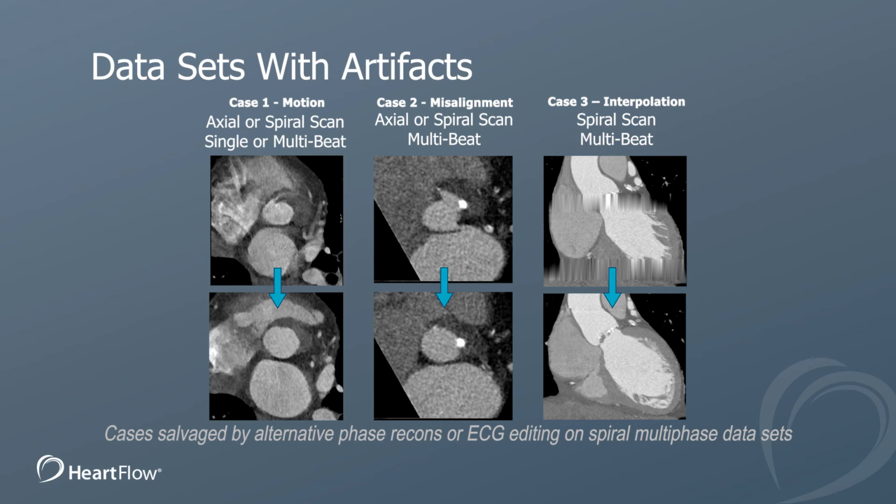On the next case, this is a dramatic misalignment artifact on the patient's aortic annulus. This can occur on an axial or spiral multi-beat acquisition. This would not occur on a single beat acquisition volumetric scanner. Here what's happening is the patient is moving in between the heartbeats such that the annulus does not align appropriately.